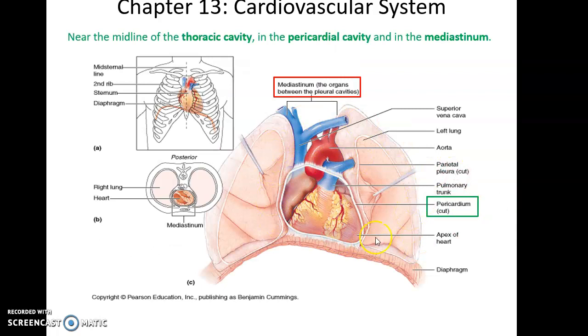Here with this view of the thoracic cavity, we see the heart lies along the midline of the body, within the mediastinum, which is the space between the lungs, and within the pericardial cavity, which is basically the space surrounded by the pericardium, that serous membrane.